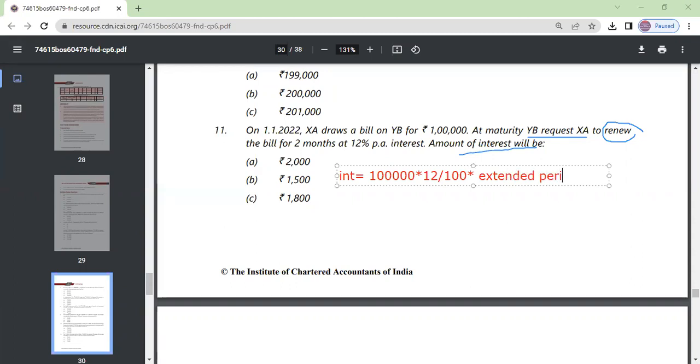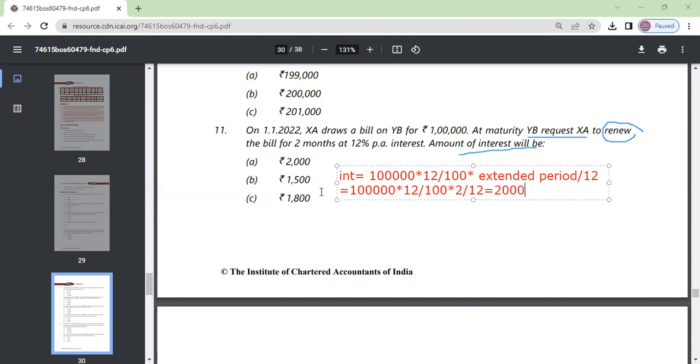Extended period divided by 12. Please apply the formula. 1 lakh into 12 by 100 into. What about extended period? Please read the question. The bill for 2 months. So the drawer gave extra 2 months. 2 divided by 12, that equals 2000.